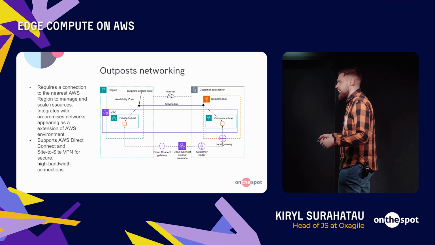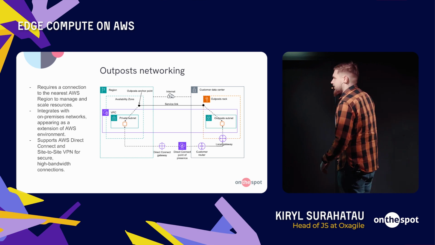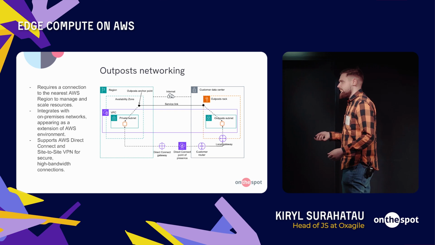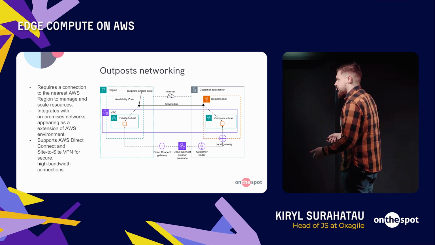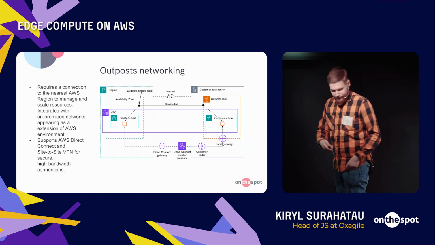You can do it with a Direct Connect. It's basically a fiber cable that goes from AWS Cloud to your data center, or you can set up another gateway and use a VPN to work with networking. So it's a more sophisticated setup compared to anything that we had a look at before.